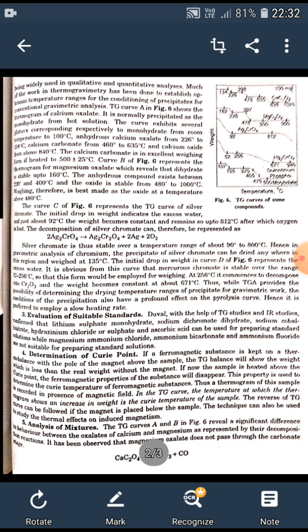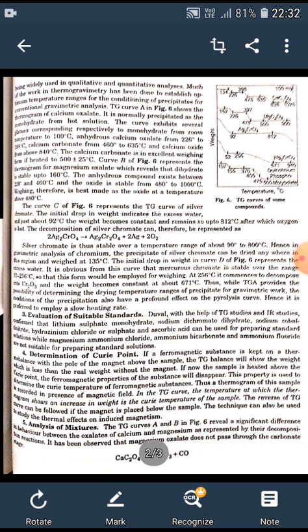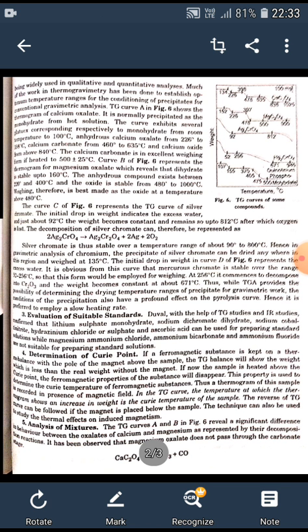Determination of Curie point. If a ferromagnetic substance is kept on a thermobalance with the pole of the magnet above the sample, the thermogravimetric balance will show the weight which is less than the real weight without the magnet. If the sample is now heated above the Curie point, the ferromagnetic properties of the substance will disappear.